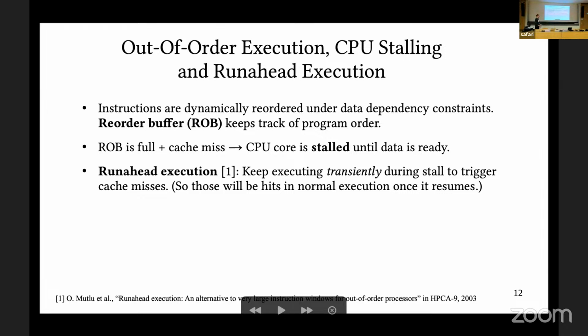We don't want to save the results, if you will. But crucially, we will find loads that will be executed in the future, and we will execute them insofar as they will be loaded to cache. So hopefully, once the normal execution resumes, those will be hits instead of misses. That's the idea.